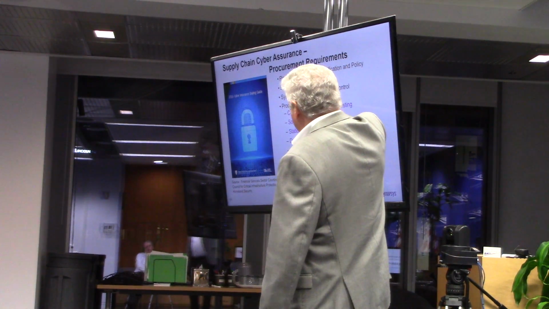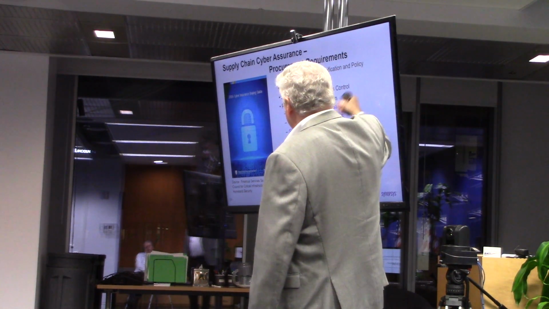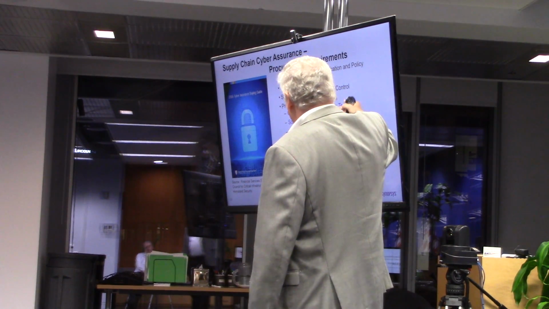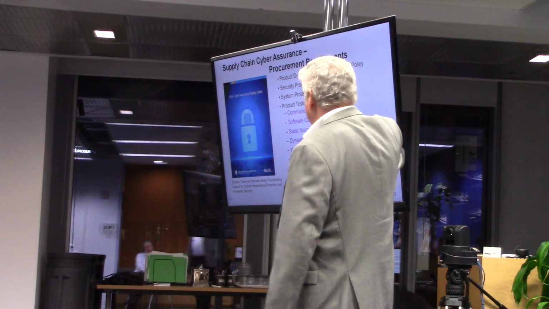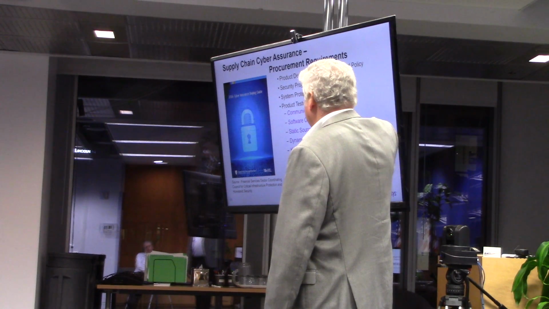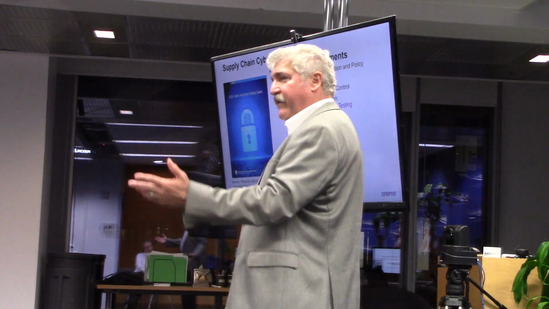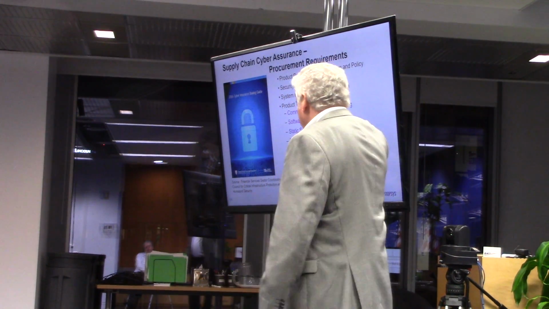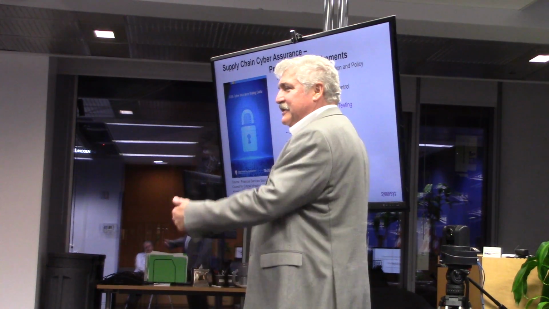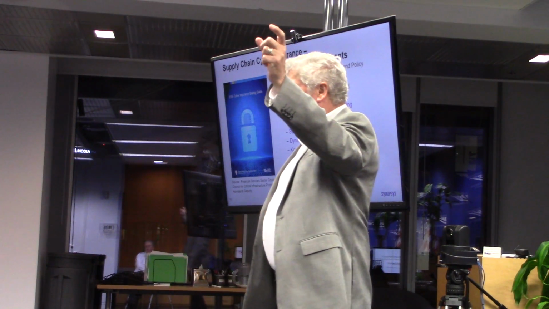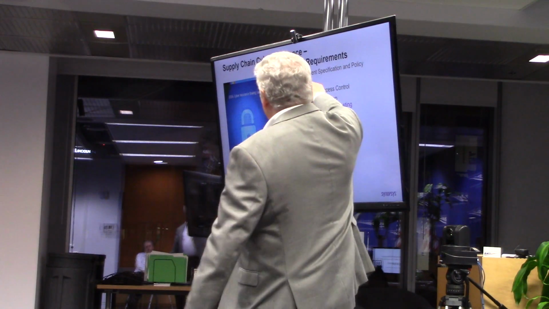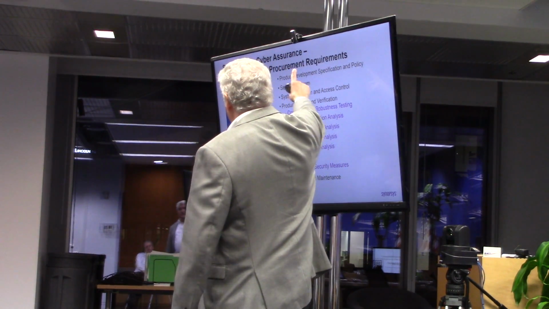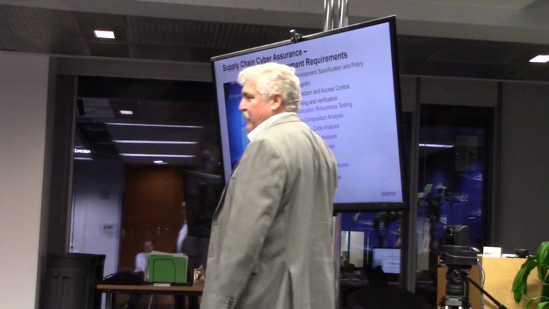In the breakdown of product testing and verification, they look at communication robustness testing, software composition analysis, static code analysis, dynamic runtime analysis. Gee, where have I heard these before? A bill of materials. This is the recommendation for those looking for cyber insurance: you've got to look at cyber assurance and make sure you're doing this with your software vendors.